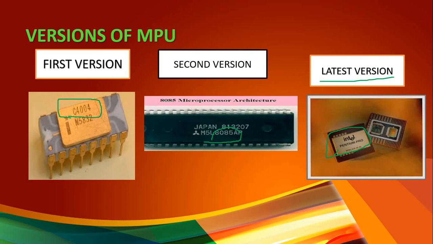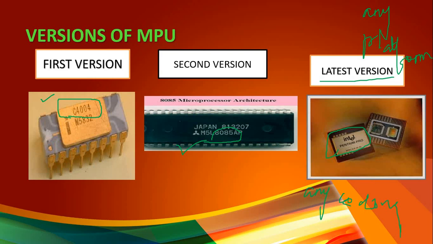The Pentium Pro can work on any platform, with any coding. Because the 4004 has its own separate coding, the 8085 has one set of separate coding, and the Pentium Pro has its own set of codings, but the Pentium Pro can work on any platform, whereas the 4004 cannot work on the Pentium Pro platform, or the 8085 cannot work on the Pentium Pro platform.